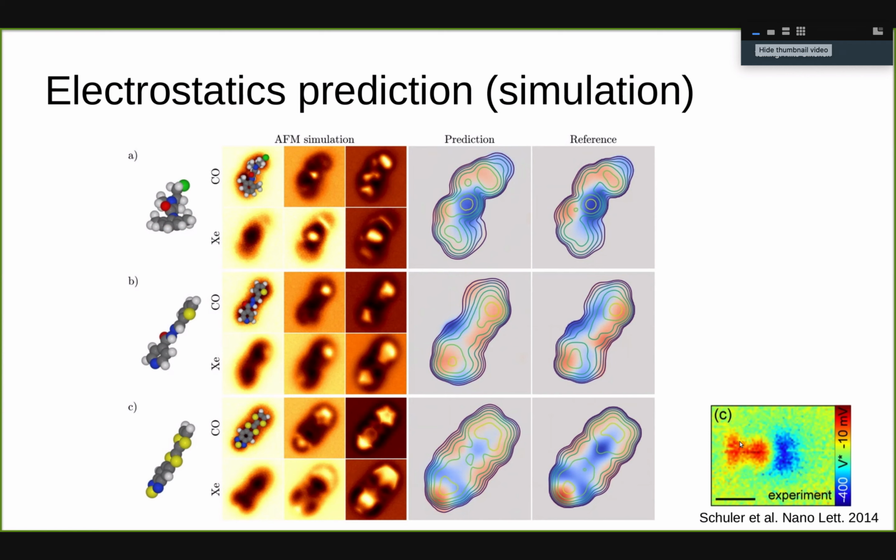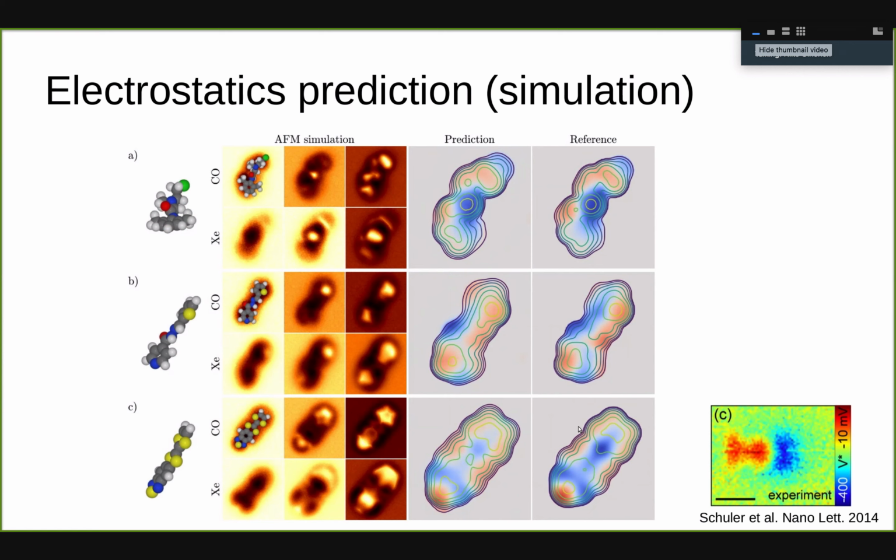So in this study from Schuller and others, they found this kind of contrast for the electrostatic field around this molecule, and we find that in our prediction and simulation case, the contrast is very similar.